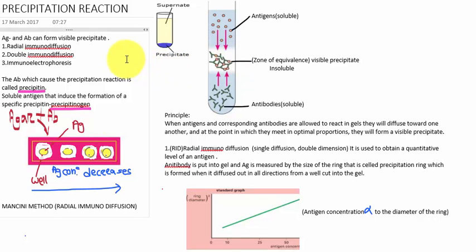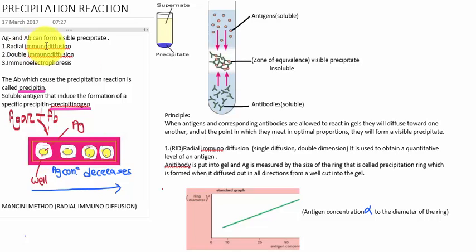So the precipitation reaction is of three types. First one is the radial immunodiffusion. So always in biology try to break the words. First is radial. Radial means something which deals about the radius. Suppose in this case this part is called the radius or the thickness. Otherwise you can say the thickness portion or the radial portion.